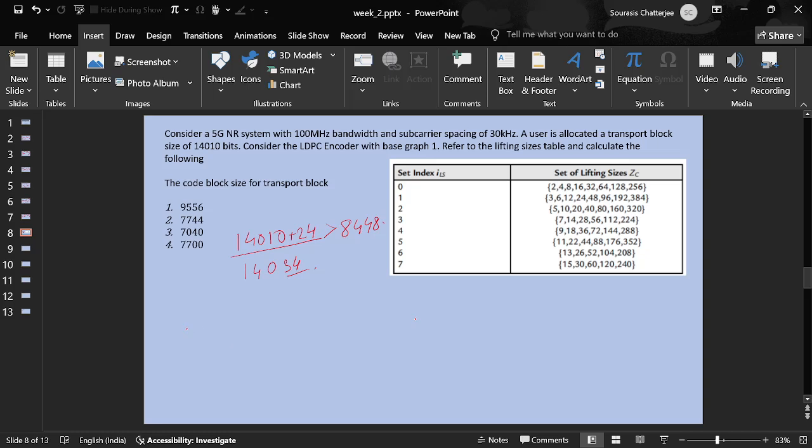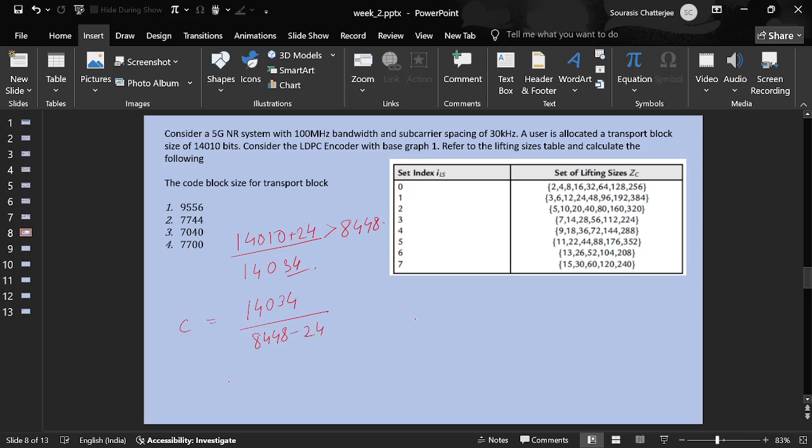So what is the formula to calculate the number of code blocks? Let's say there are C code blocks. How should I get that? We divide the entire payload, transport block plus CRC, by 8448, but we also have to account for CBCRC, so we need to make room for it.